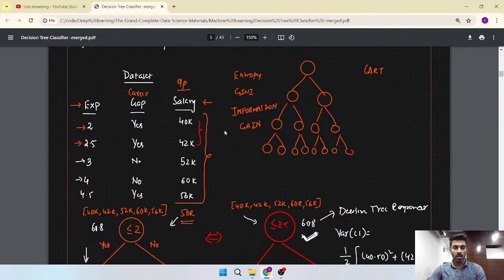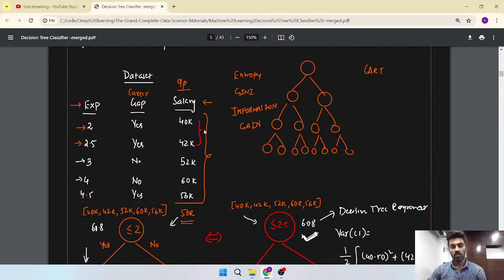But in the case of regression, we take the average between 40k plus summation of all these values, and there you will get some value in between 40 and 42k.